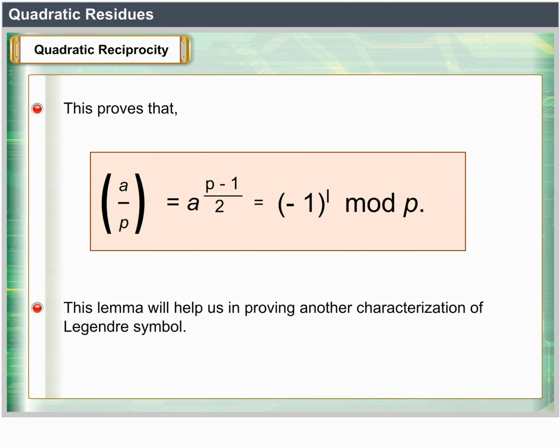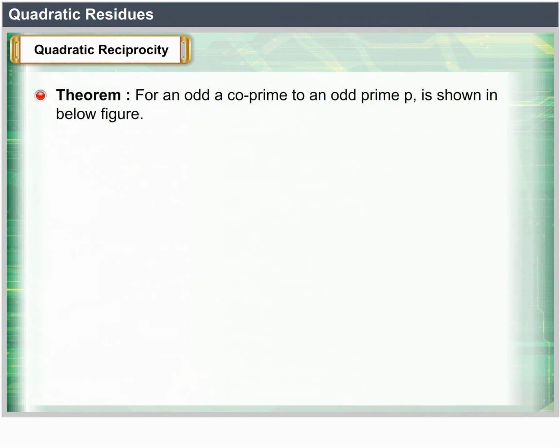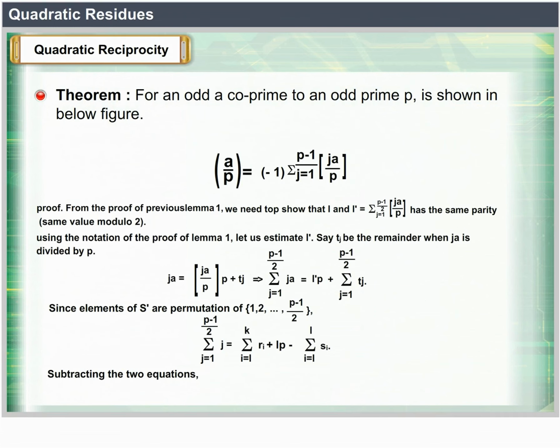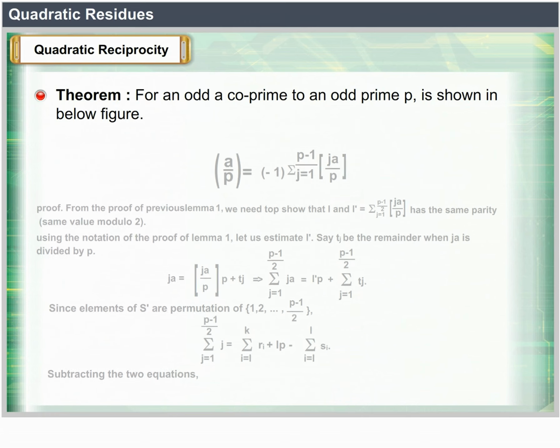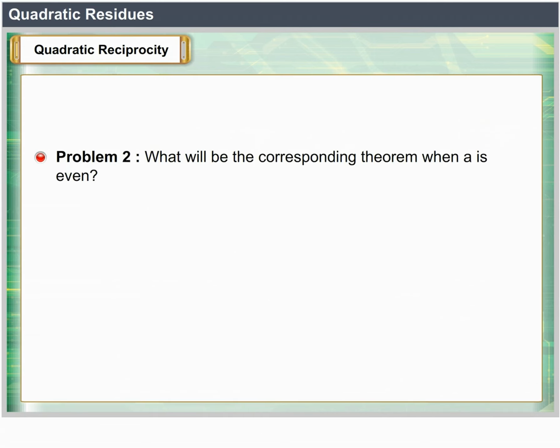The theorem for an odd A co-prime to an odd prime P is shown in the figure below. Problem 2. What will be the corresponding theorem when A is even?